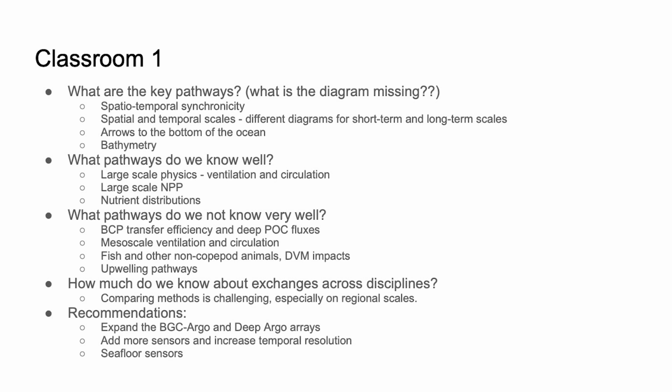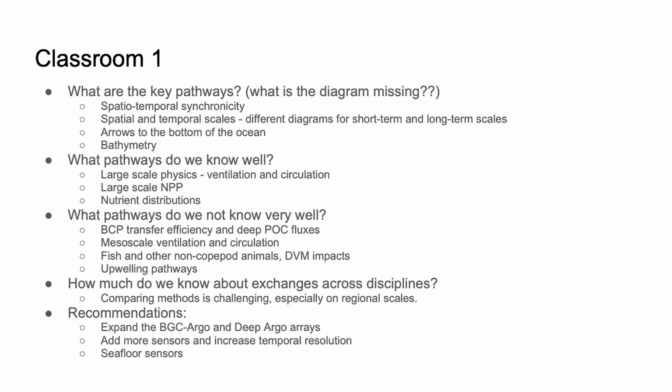Bathymetry along the seafloor was one important thing that we thought should be added too, and the synchronicity between these spatiotemporal scales. So we thought that there were some pathways that we knew sort of well, and most of these were on a larger scale.